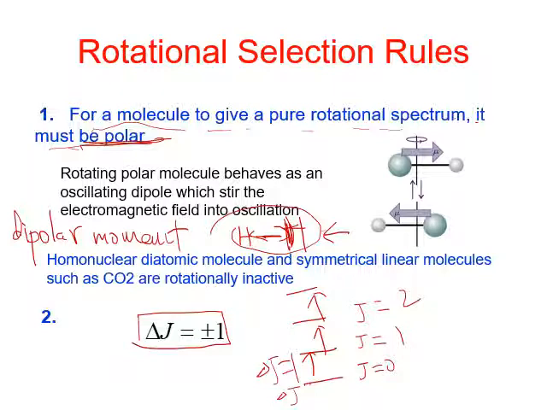Also, when we talk about CO2, this is a symmetrical molecule, so it's non-polar, and therefore it does not absorb light in rotation, because rotation must have a polar molecule. However, when it vibrates, one vibration mode is, for example, the left bond goes to this side and the right side also goes this side.